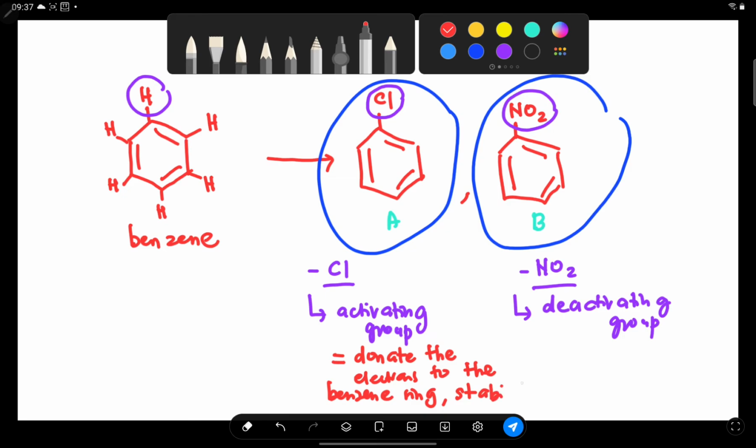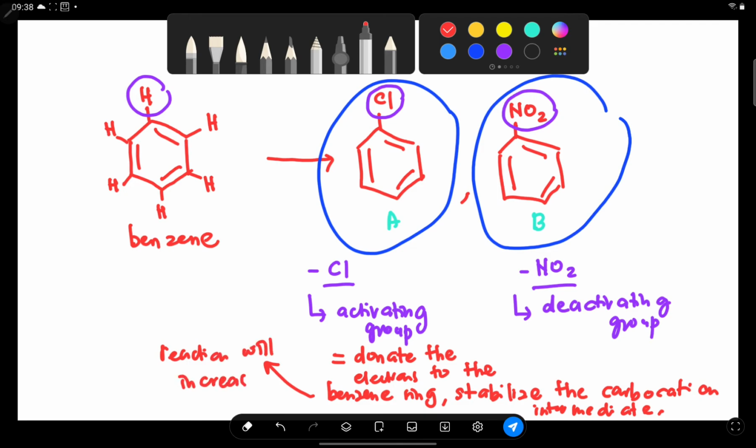When it donates the electron, it will stabilize the carbocation intermediate, hence the reaction rate will increase.